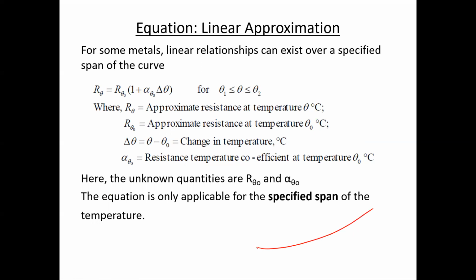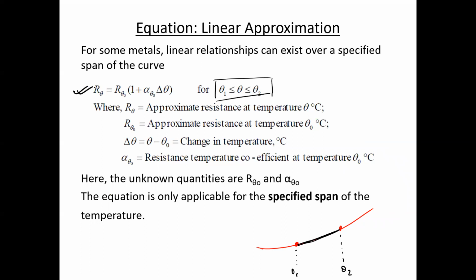Suppose this is a non-linear graph between R and T, and for this particular range we can consider the variation to be linear. Suppose the lower bound is theta1 and the upper bound is theta2. For this particular range of temperature, we can have a linear approximation of the relationship, which is done by this relation.